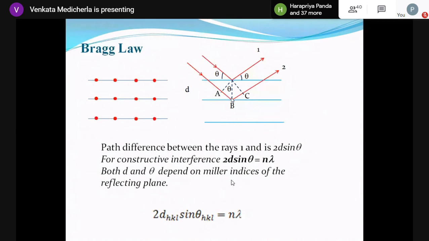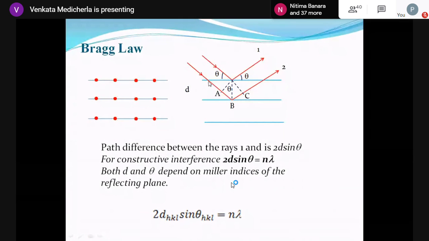You see, when the first ray is coming like this and getting reflected, it will also go inside. We have taken two beams separately, 1 and 2, to calculate the path difference. But the first ray will go inside and get reflected again, and go further and get reflected. Similarly, the second one will have a reflection here also, but for convenience we avoid that.